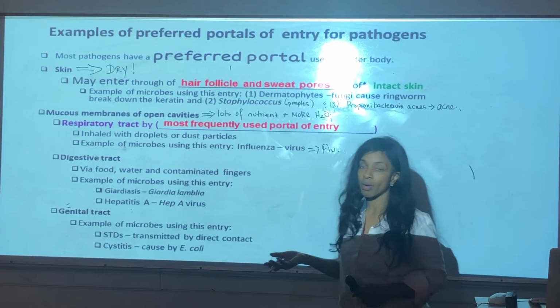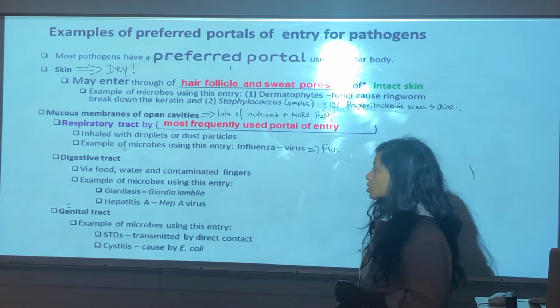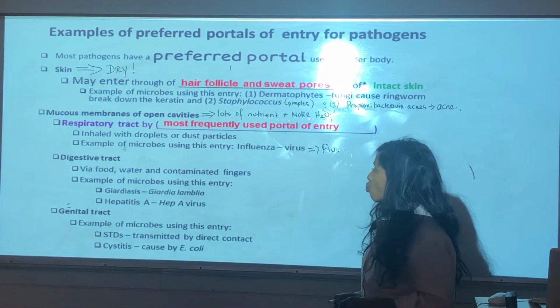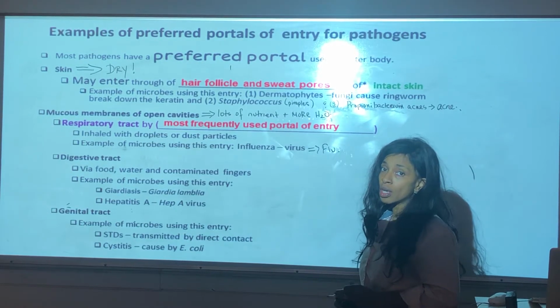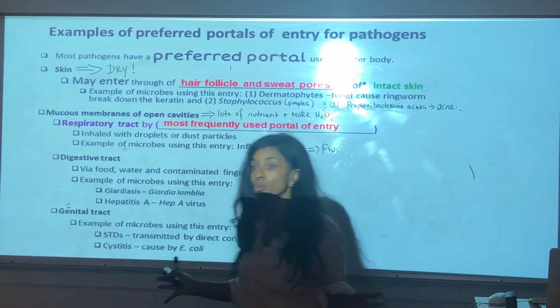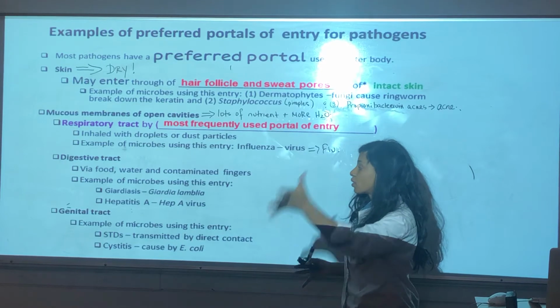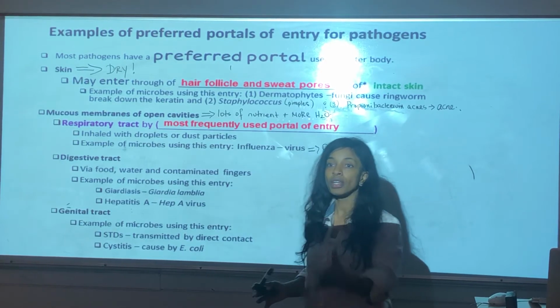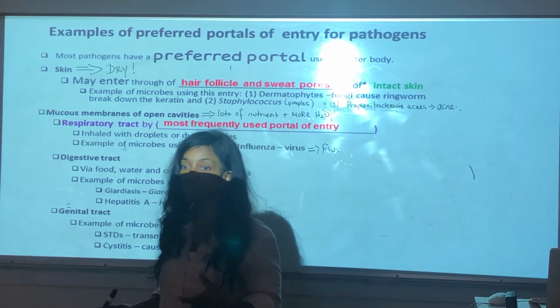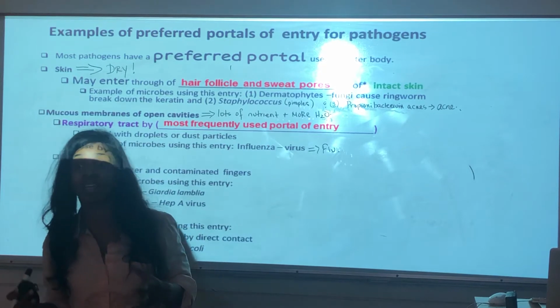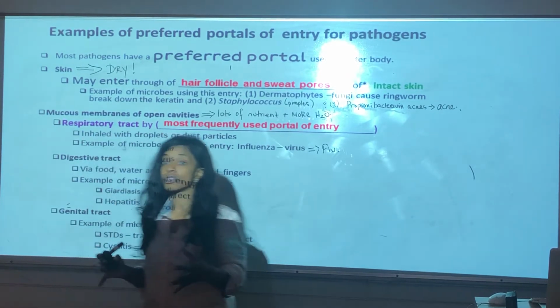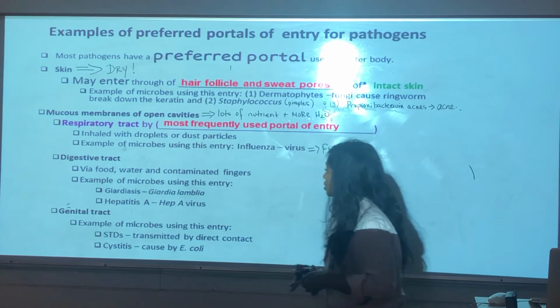The digestive tract also has a mucous membrane, and these organisms enter in through food, water, contaminated fingers. Remember, microorganisms are everywhere, right? So they're constantly coming in and having to deal with the digestive tract. But there's so many features of the digestive tract, including the fact that it's highly acidic, that blocks many organisms from causing us to constantly be sick.